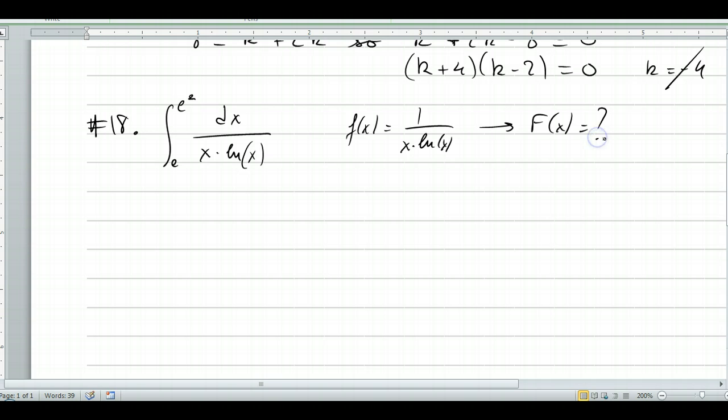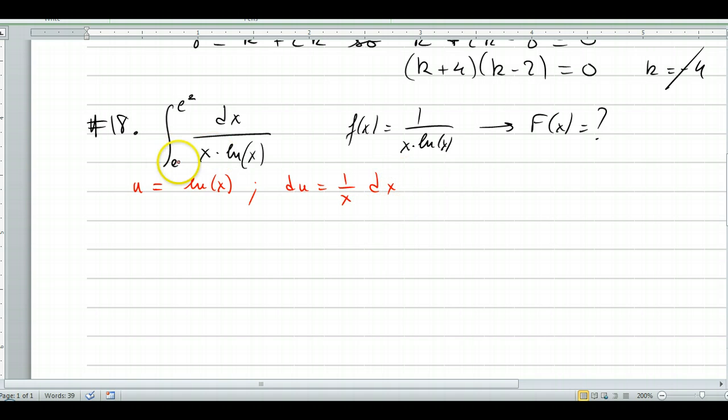So in this case, what you have to do is u substitution. So u equals ln x. That's the way we've always done them with ln x. Du is 1 over x dx.